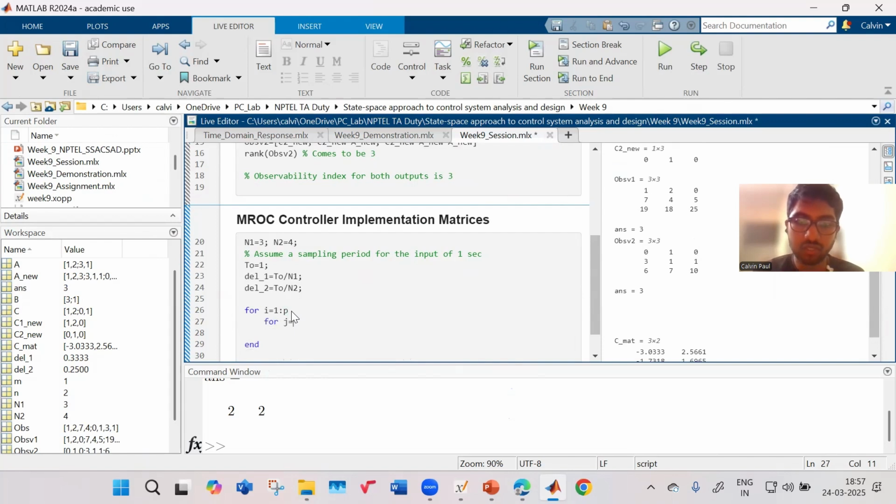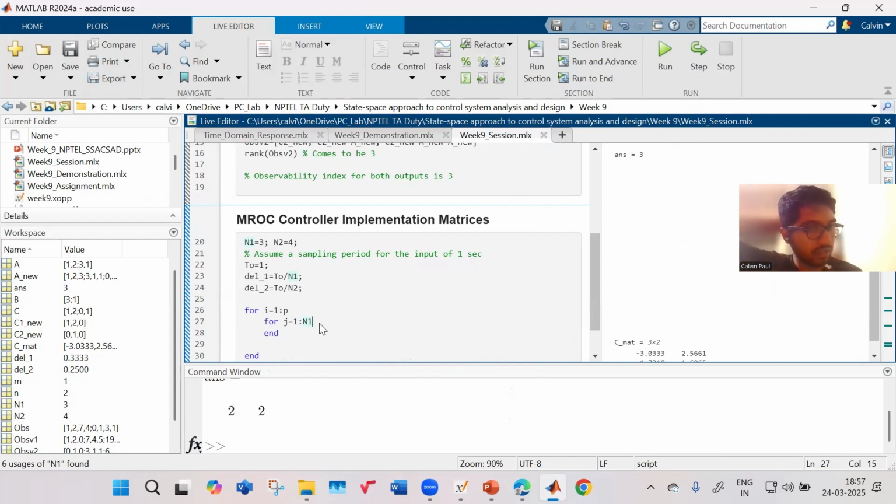Then for j going 1, 2, and 1, let us say 2 and 2 also going to p.